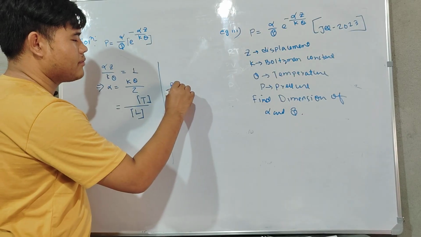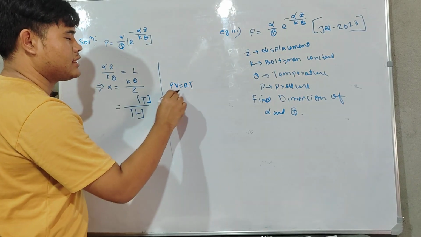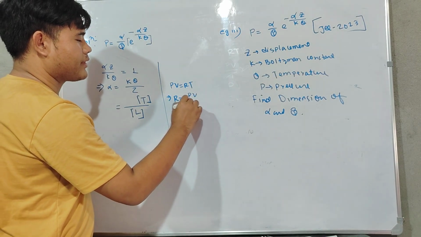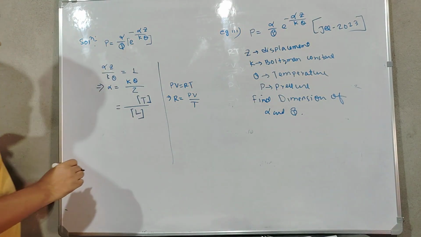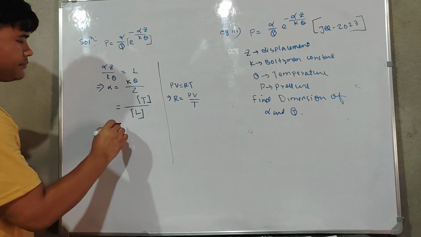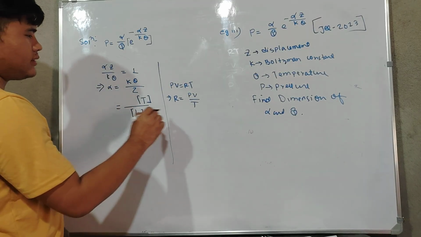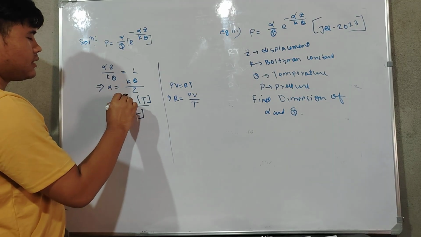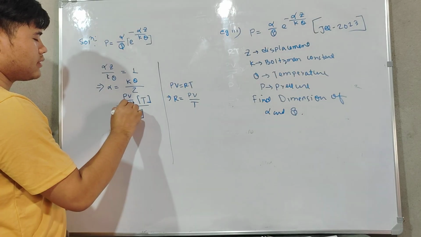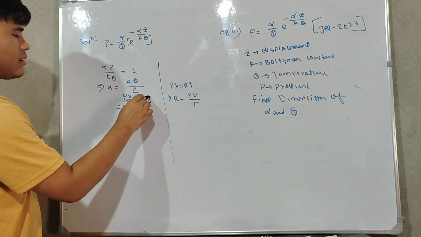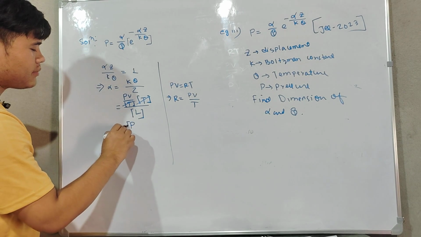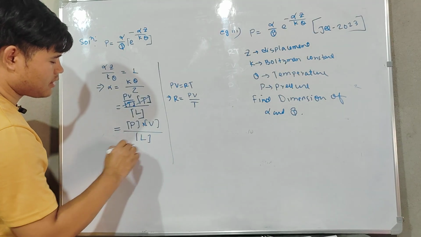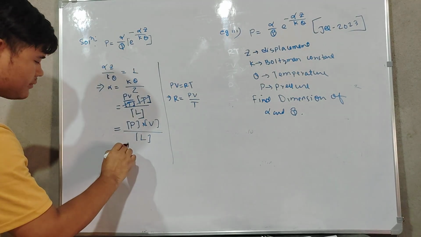How do we find it? PV is equal to RT, so R is equal to PV by T, right? So we can place it here. The T will cancel out. So we have to find pressure times volume by L. Pressure means force per unit area.